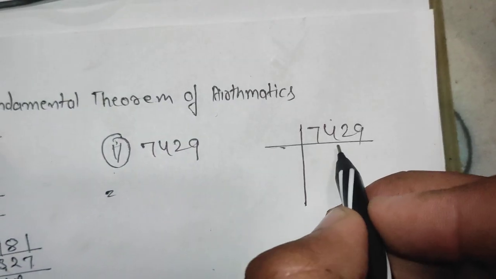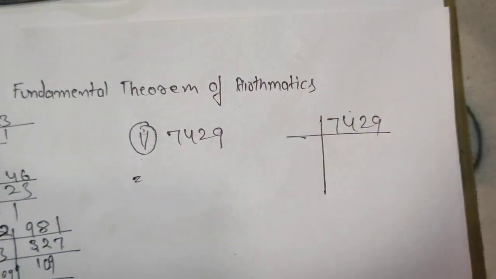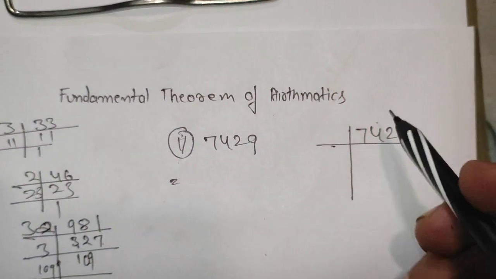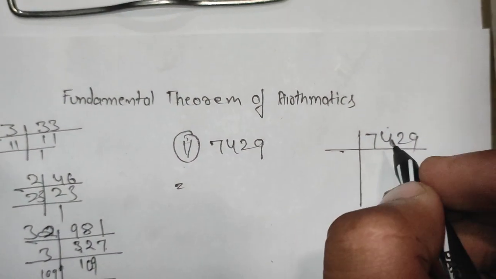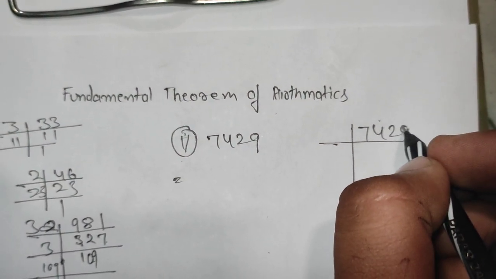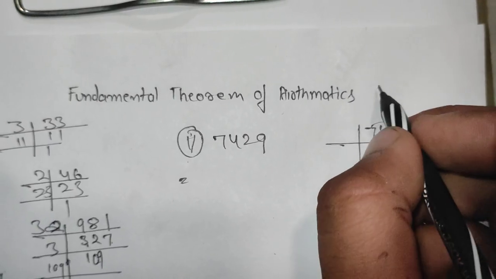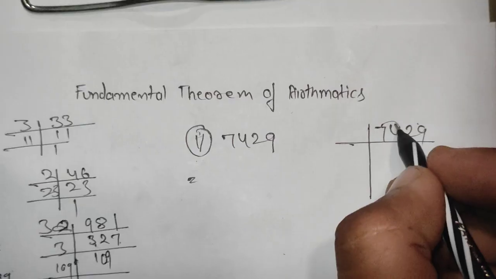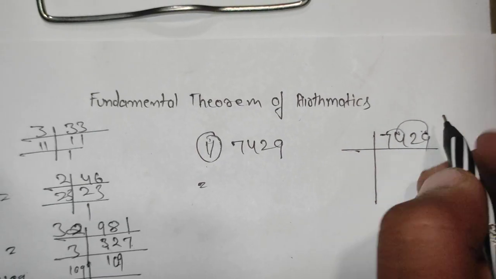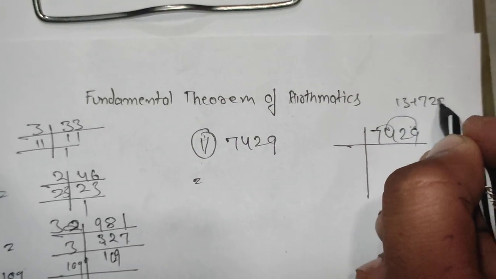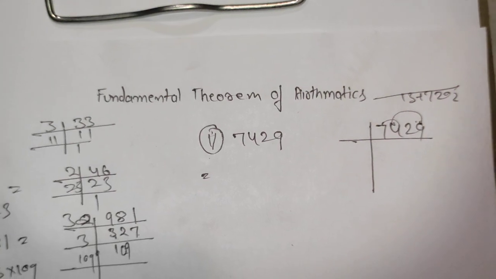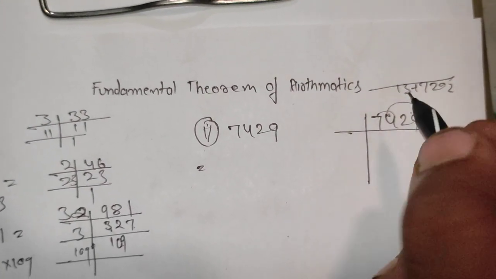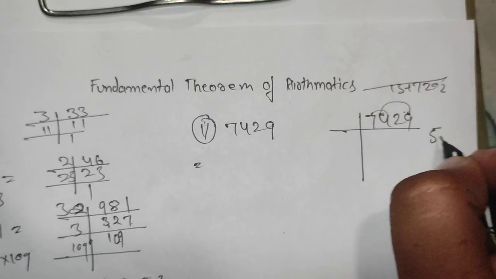Similarly for 2, the last digit is not divisible by 2. Now for 3, let's check: 9 plus 4 is 13, 13 plus 7 is 20, 22, not divisible by 3. Not 5 either.